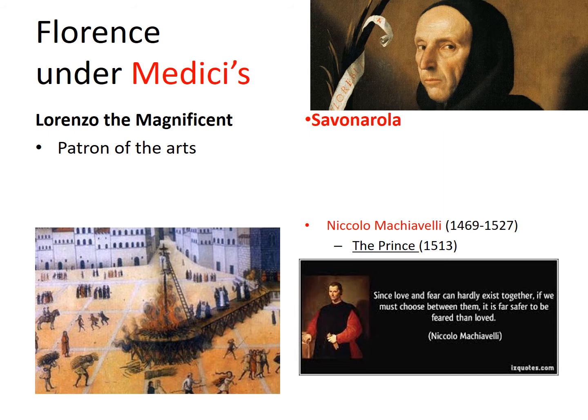Lorenzo the Magnificent was a patron of the arts and used his patronage to help promote the family and the power of the family. Everywhere you look in Florence, you can see evidence of Medici power as a result of that. We also see that during this time, at the end of the 1400s, Savonarola, a monk, comes in and kind of takes charge of Florence, and the Medici fall for a little while.